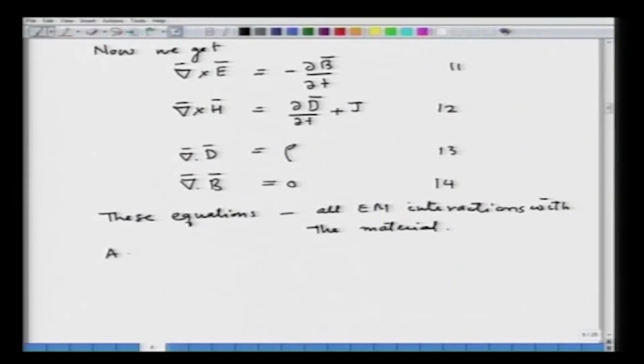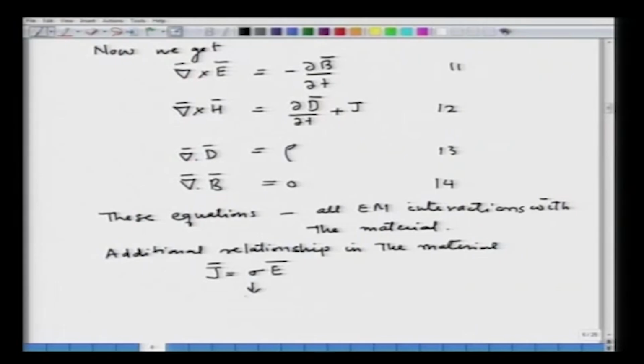An additional relationship is also required, which relates the current density to the electric field, and this is known as the conductivity of the material.